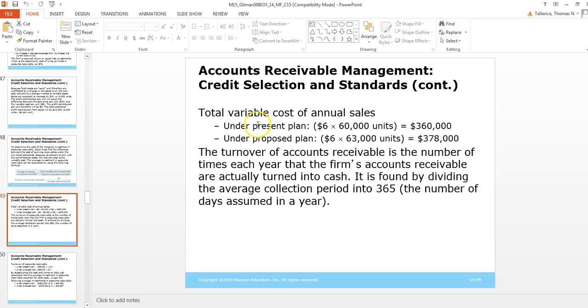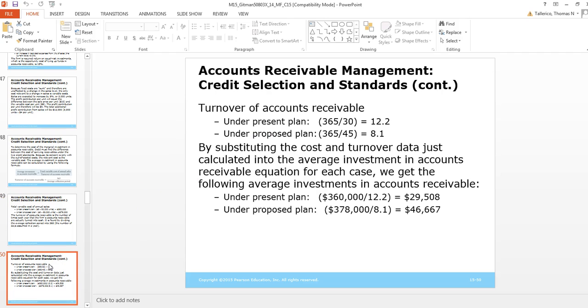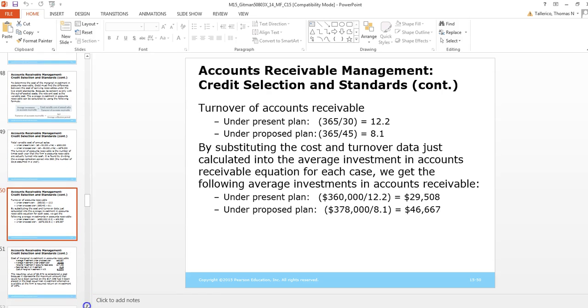And there's two plans here. The variable cost of annual sales. You'll notice there's a present plan and a proposed plan here. Okay, and again, with that same example, we end up with average investments in accounts receivable for a present and a proposed plan, as you can see here. We're trying to come up with two different methods for accounts receivable.